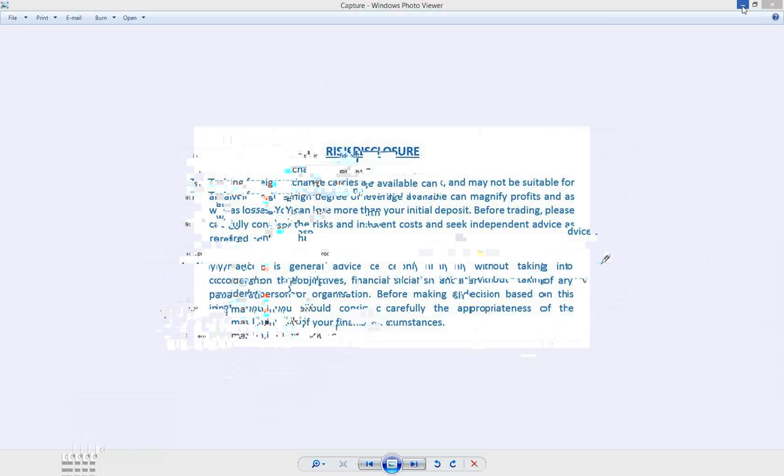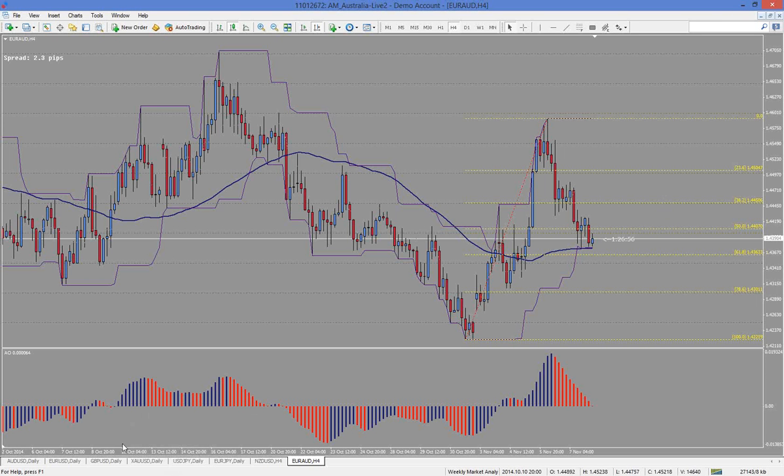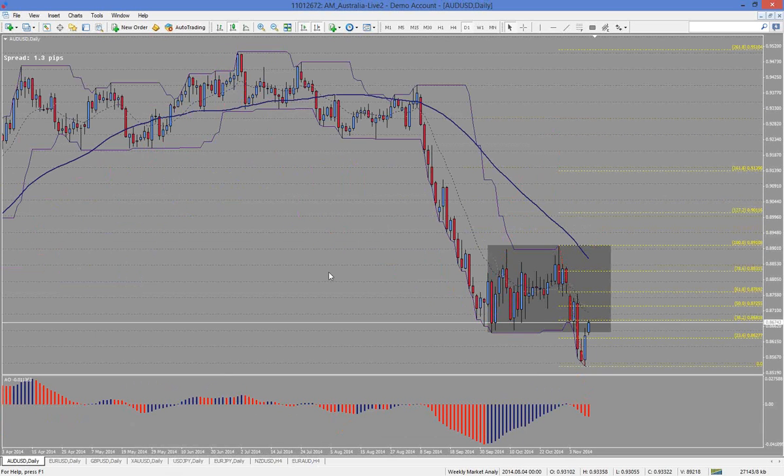So if I bring up my trading platform, let's get started on the Aussie dollar this week. Now, the Aussie dollar is interesting because, as part of a group of traders that I discuss currencies with, everybody had a split opinion.